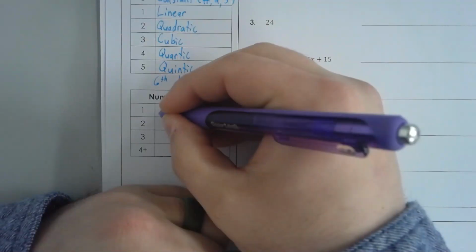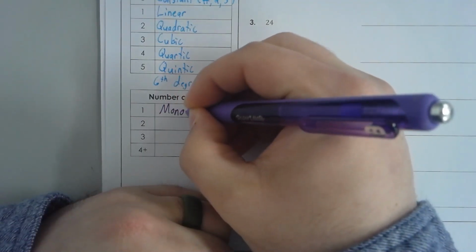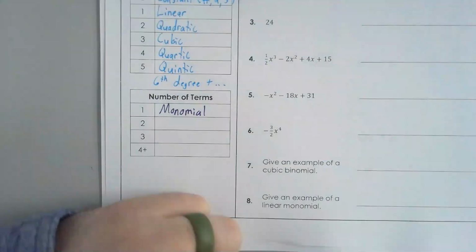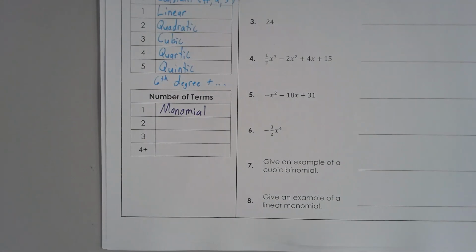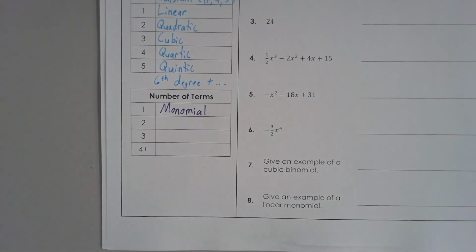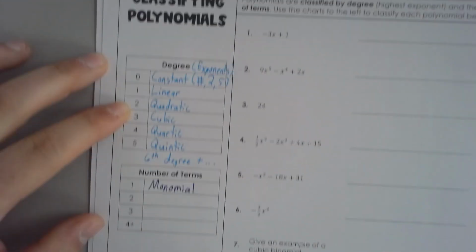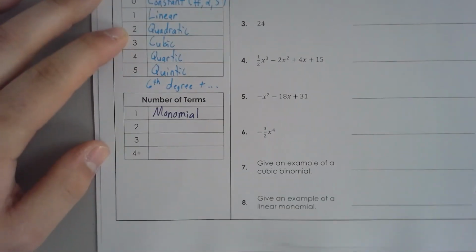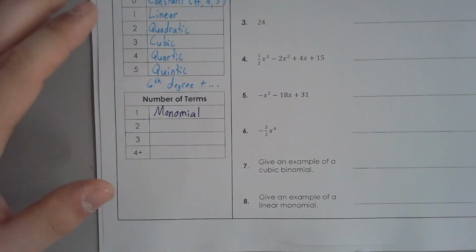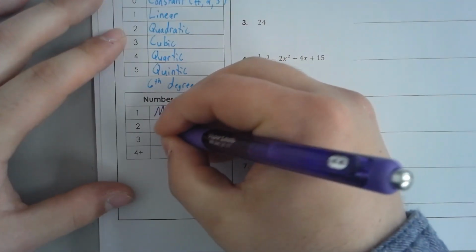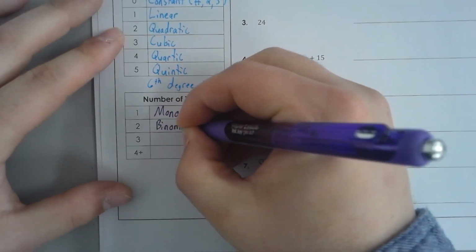So one term is monomial. If it has two terms, wouldn't it make sense if it was like a quadnomial? Because this is 2. Again, that'd just be too easy. We call it a binomial, like a bicycle. It's got 2.